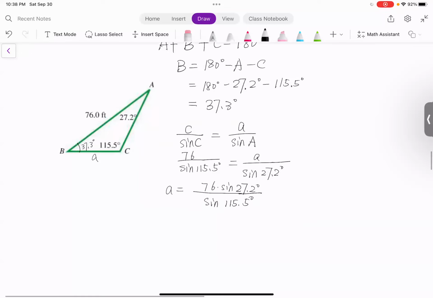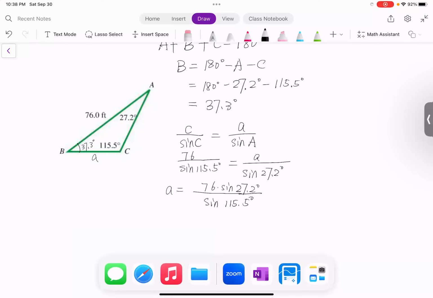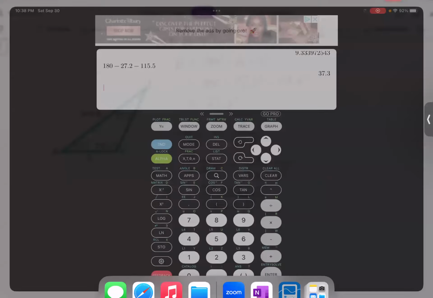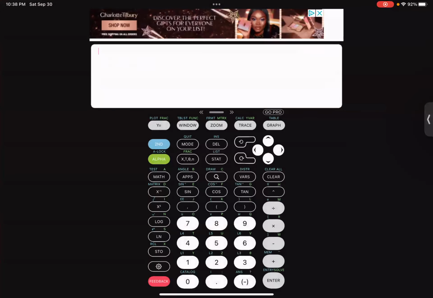Let's use our calculator to find the solution. Okay, it's 76 times sine 27.2, all divided by sine 115.5, close parentheses.